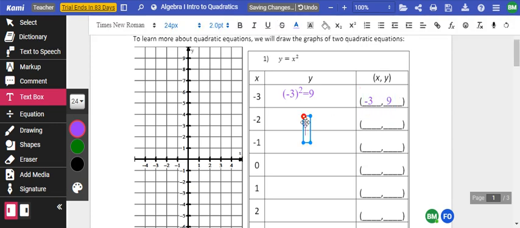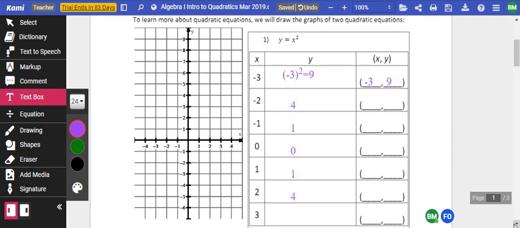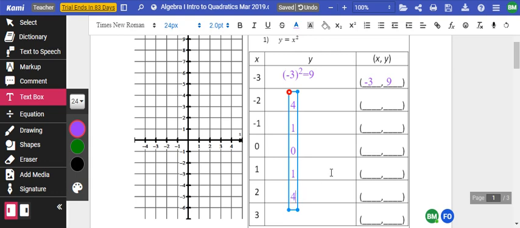When we plug -2 in, we get 4. When we plug -1 in, we get 1. When we plug in 0, we get 0. When we plug in 1, we get 1. When we plug in 2, we get 4. And when we plug in 3, we get 9.